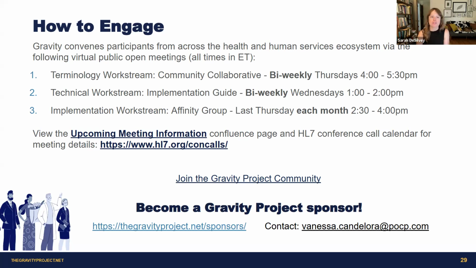The technical work stream meets every other week, Wednesdays 1 to 2. We will have the report on July 24th. And the implementation affinity meeting, the next one is the next day on July 25th.